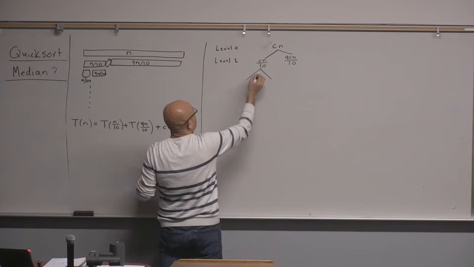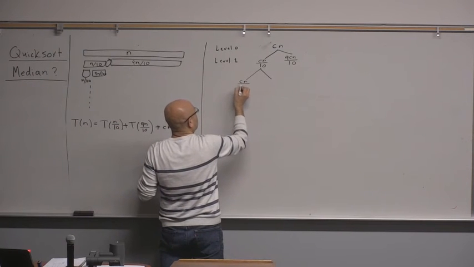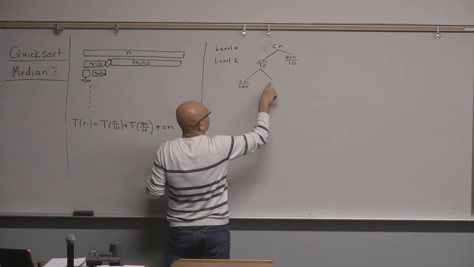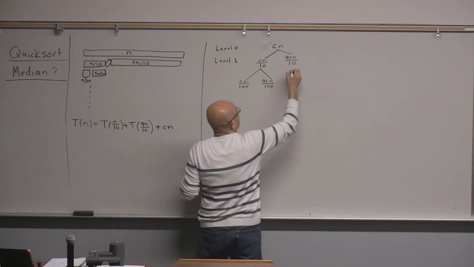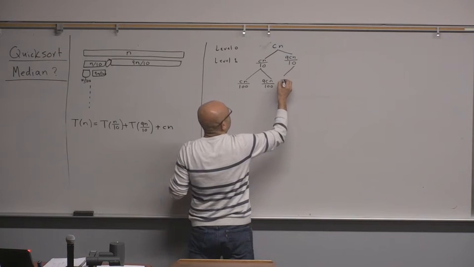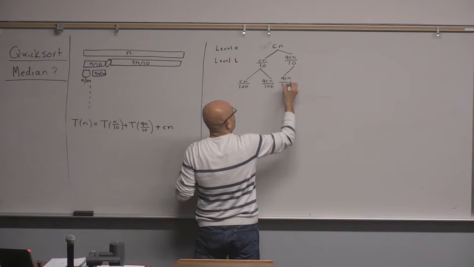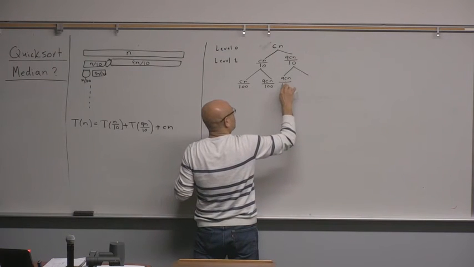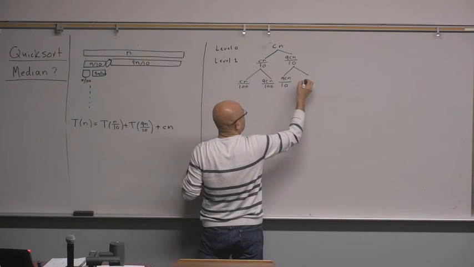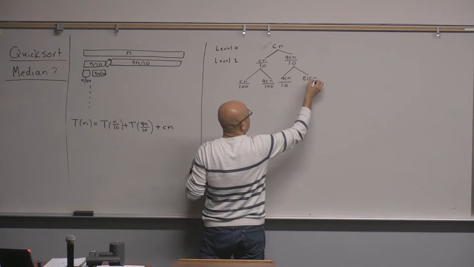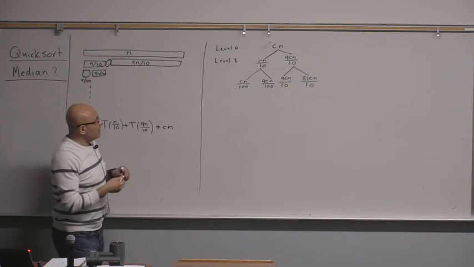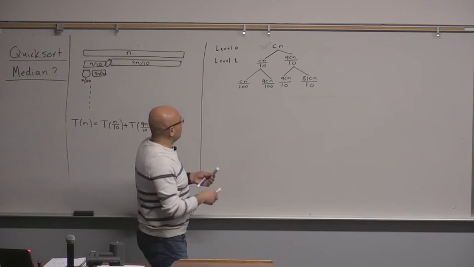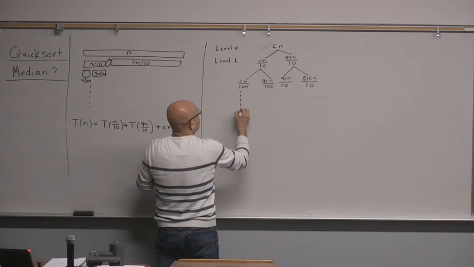This is going to be what? Cn by 100. And this 9Cn by 100. And this is going to be 9 times this, which is 81Cn by 100.